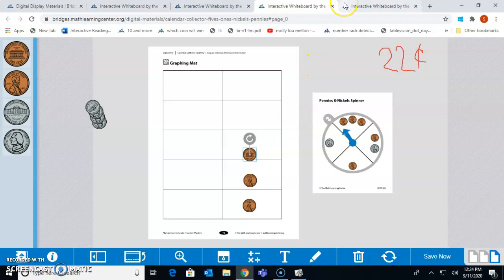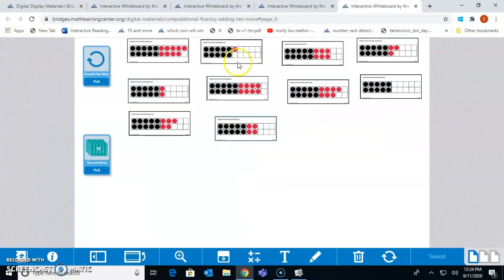All right, we're going to play a 10 and more game today. Okay, so what's going to happen is I'm going to click over the equation. You point to the 10 frame, the 20 frame that it matches. Ooh, I have 10 plus 5.